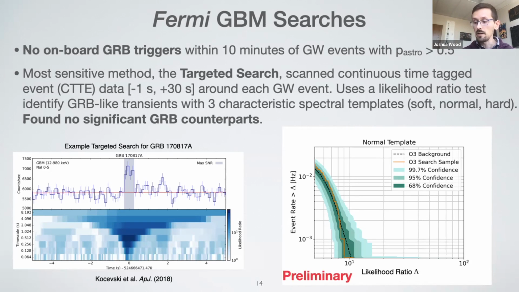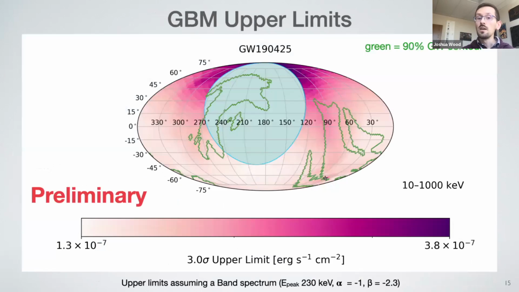So, without any convincing detections, we can at least set upper limits. Here is what that looks like for one binary neutron star event from O3, GW190425. This plot is the flux upper limit placed by Fermi-GBM at every point on the sky, where that blue region is the part that we can't see because it's blocked by the Earth.